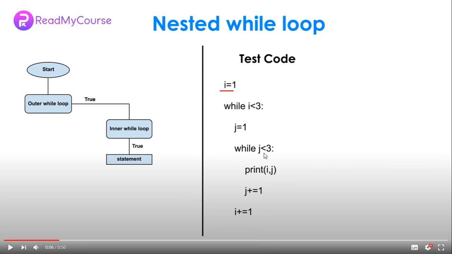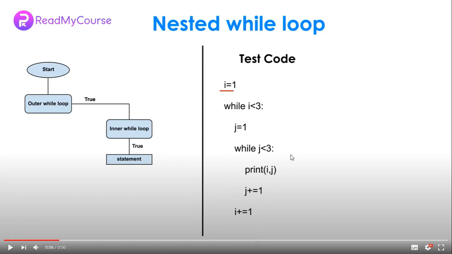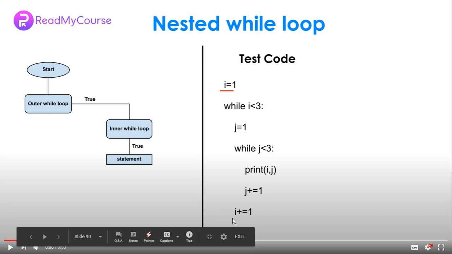What is the condition inside this while loop? j less than 3. Initially we have j is equal to 1 and we write the condition while j less than 3, print i j, and then increment the value of j by 1. This while loop will run until the condition j less than 3 is true. When j less than 3 becomes false, then we will come here and update the value of i by i plus 1, and then again go back to the condition.